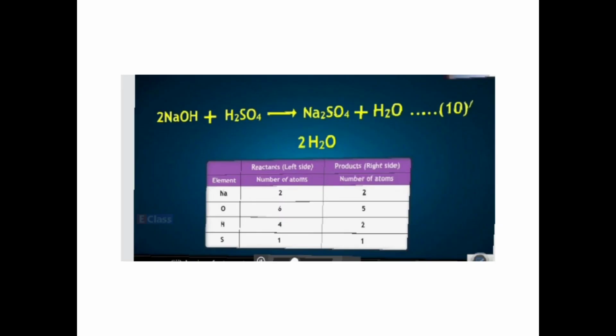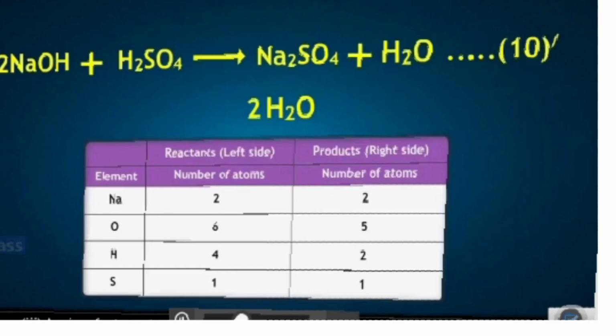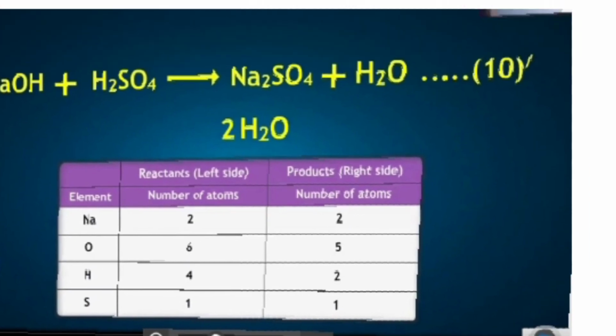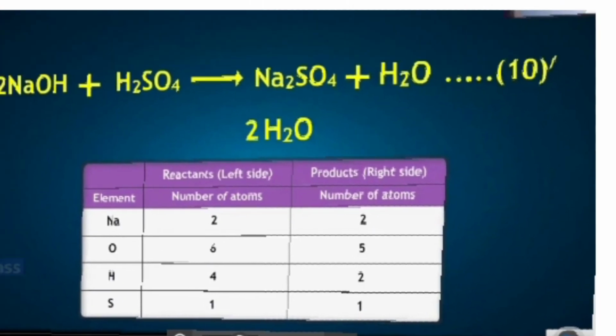This way I will go ahead and I will get the balanced equation. Instead of H2O, I am going to write 2H2O.